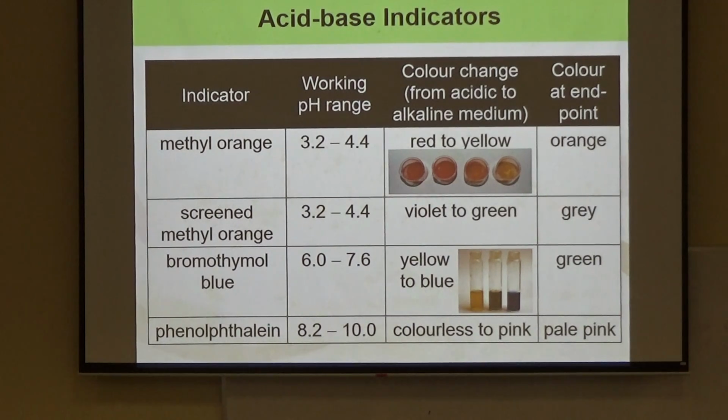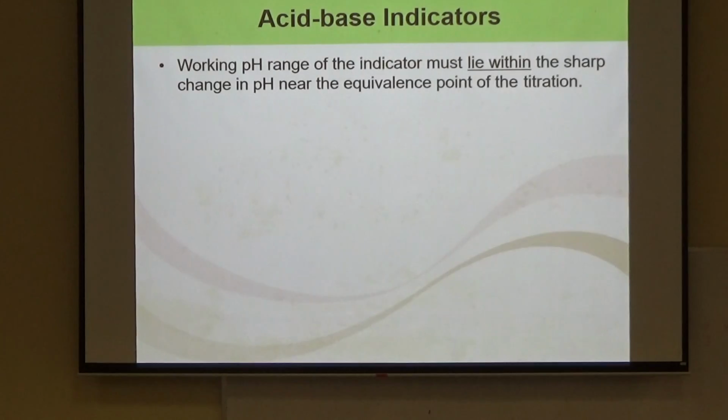That information, if it's not here, is in your titration notes. You need to remember at least two, methyl orange and thymolphthalein or phenolphthalein. I suggest you remember thymolphthalein because that's what the new syllabus uses.